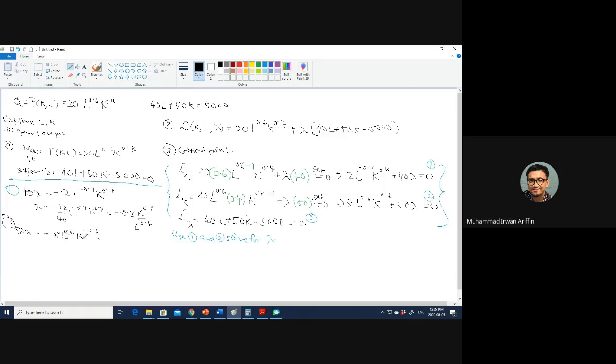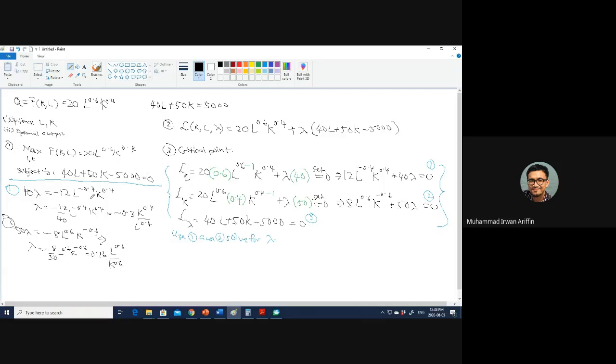And so lambda would then equal negative 8 divided by 50, L to the power of 0.6, K to the power of negative 0.6, which, 8 divided by 50 is 0.16. Use your calculator. And I'm going to put K in the denominator because the power is negative.